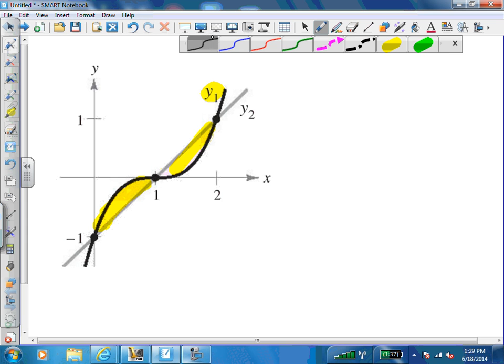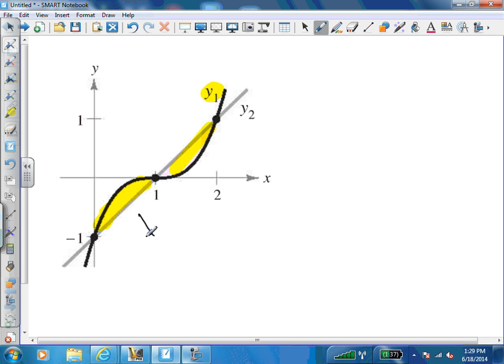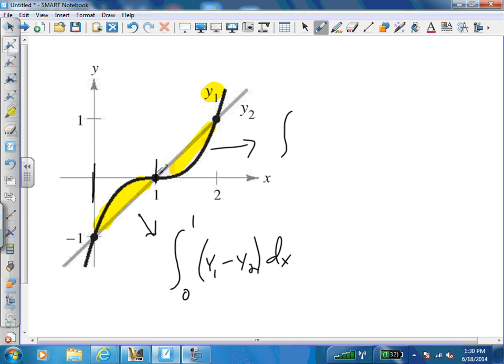So in order to get that area, we actually have to do two different integrals. For this one, we integrate from the left side to here, so from 0 to 1, our top function minus our bottom function. Then for this region, we integrate from 1 to 2.